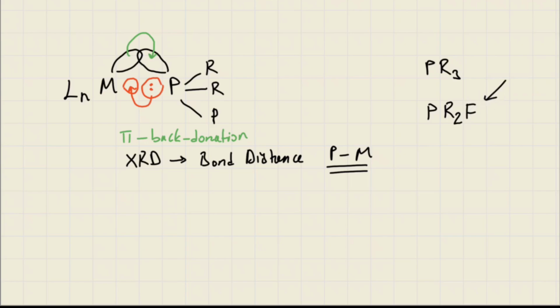So this has a pi accepting ability, and if it accepts the electrons, then the metal and P bond distance can change, and this change can be detected by using the XRD, and we can prove that this PR3 can accept the electrons from the metal centers.